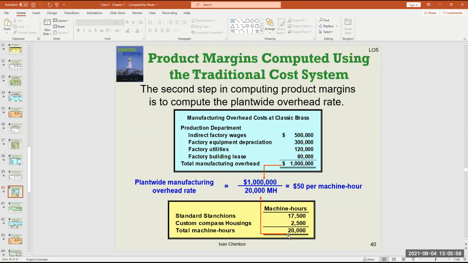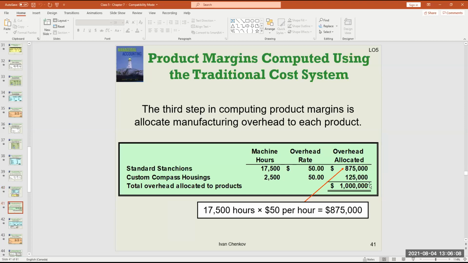Based on that, we're going to come up with the predetermined manufacturing overhead, which will be $50 per machine hour. And now we're going to assign the cost to those two products based on the machine hours.